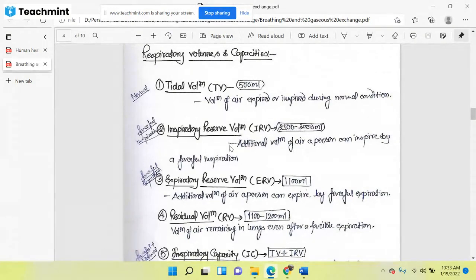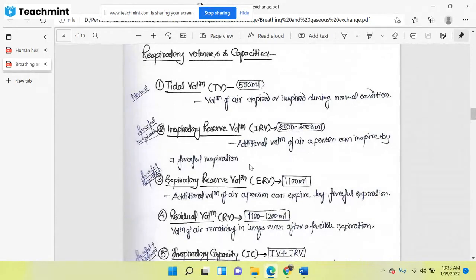It is the additional volume of air a person can inspire by forceful inspiration. So normally we are breathing, but when we forcefully inhale, we can take in some extra volume of air compared to the normal tidal volume.